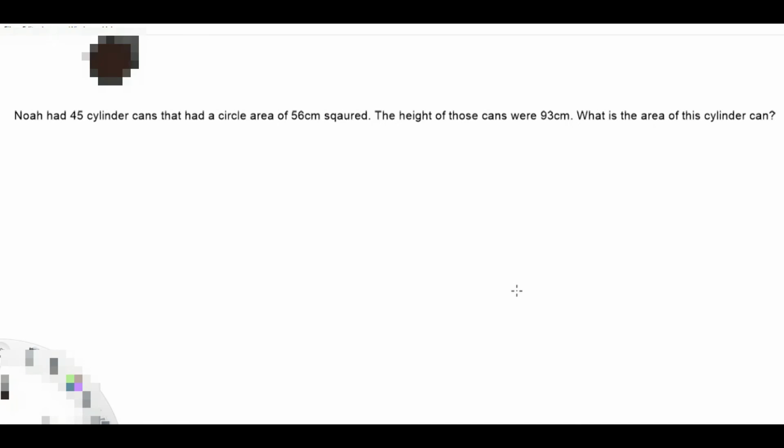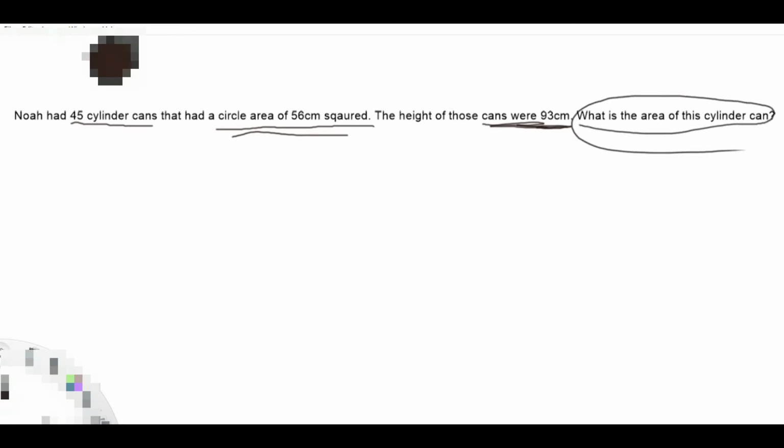Okay, here's the problem. Noah had 45 cylinder cans that had a circle area of 56 centimeters squared. This is pretty important. And the height of those cans was 93 centimeters. Then what is the volume of the cylinder can?